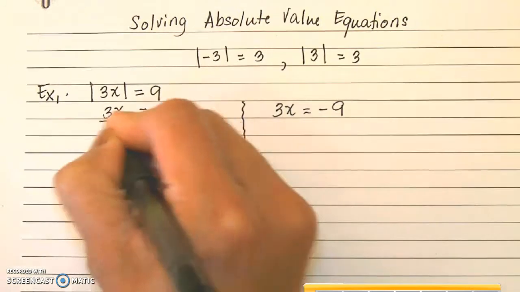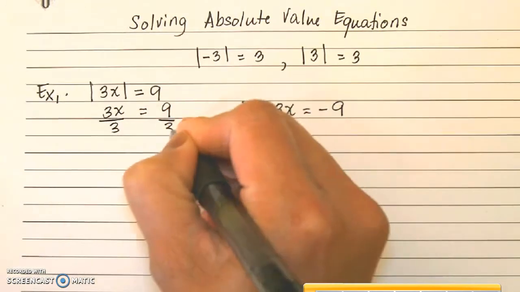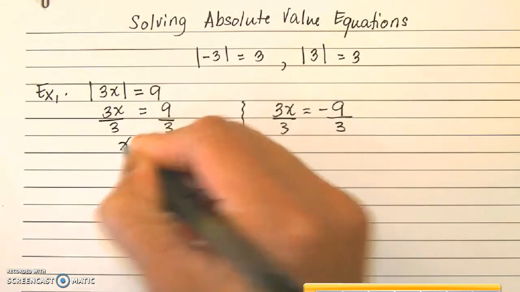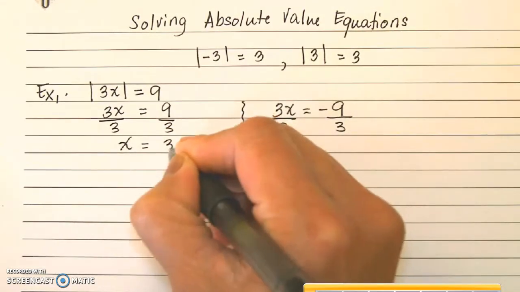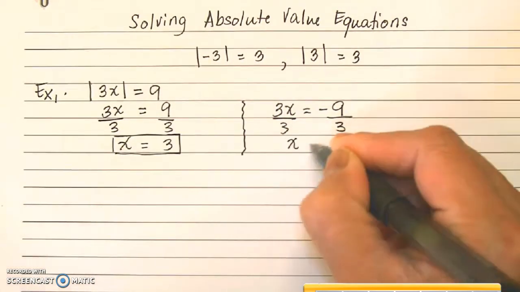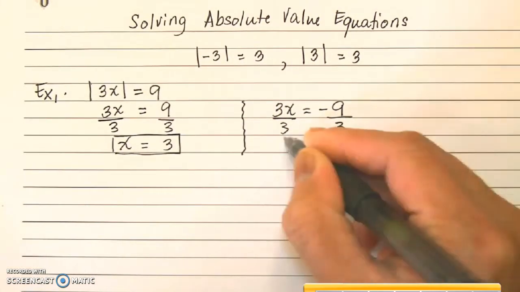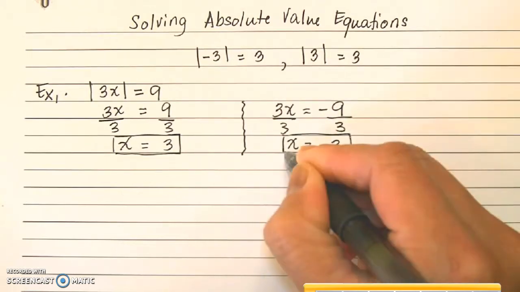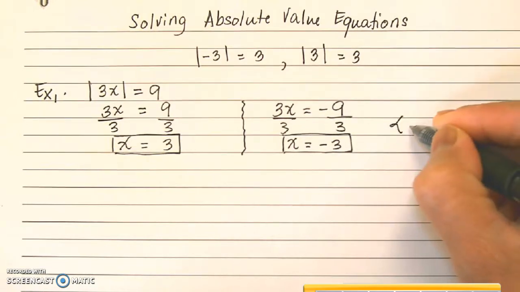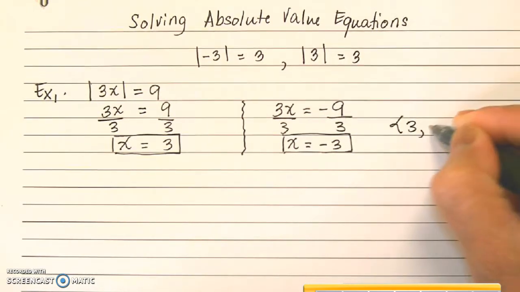And then we will solve for x. So the x is 3. And the second value of x is -3. Therefore, your answer should be 3, -3.